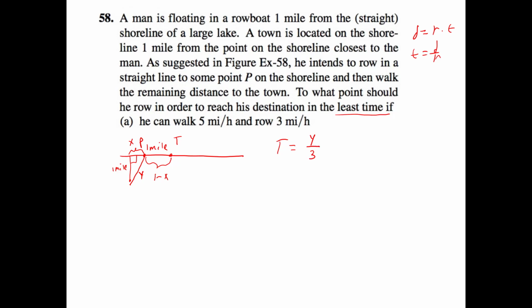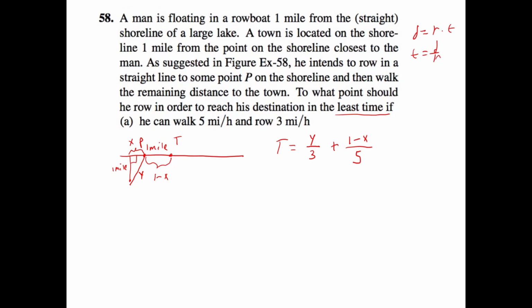But then you have to add how far he has to walk, which is 1 minus x divided by his rate there. He can walk 5. Right? But now we have too many variables, right?